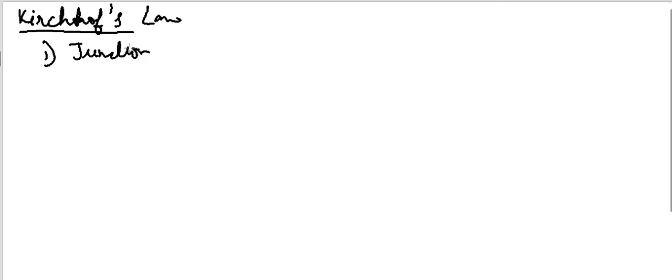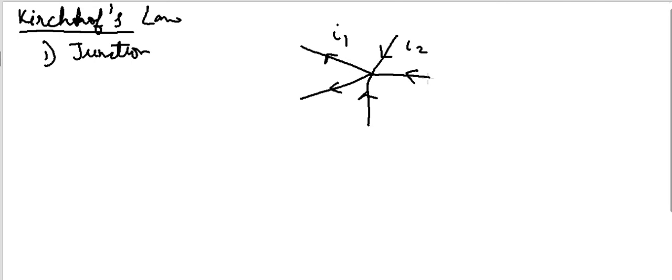So first law of Kirchhoff is the junction law, which says that if I have a junction, many wires are coming towards the junction, some are carrying current towards it, some are away. Say I1, I2, I3, I4, I5.